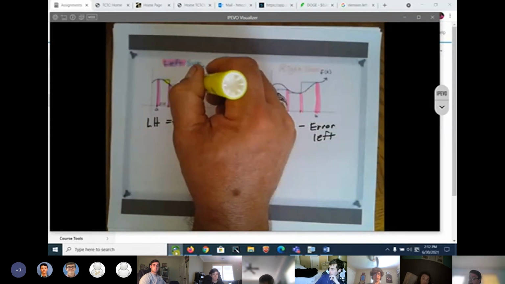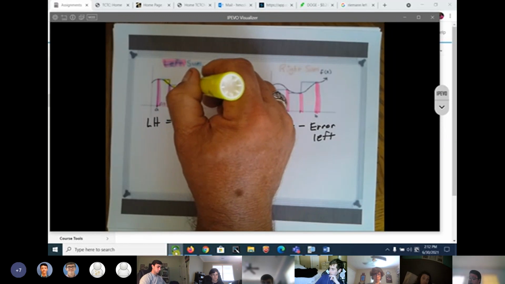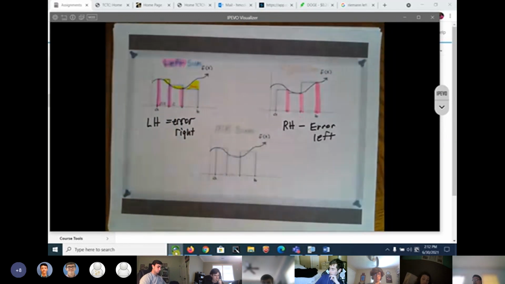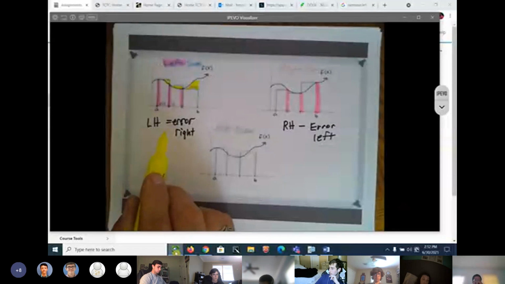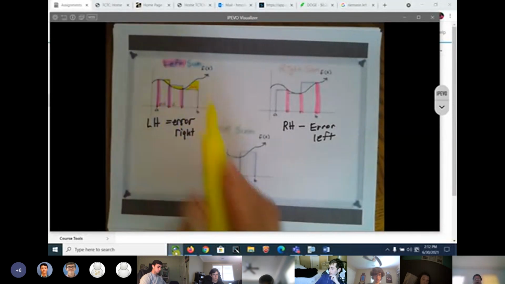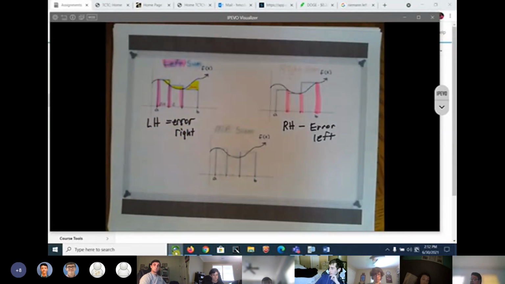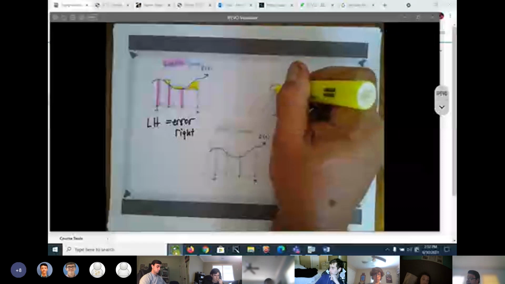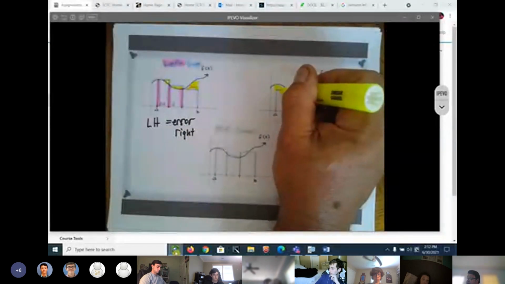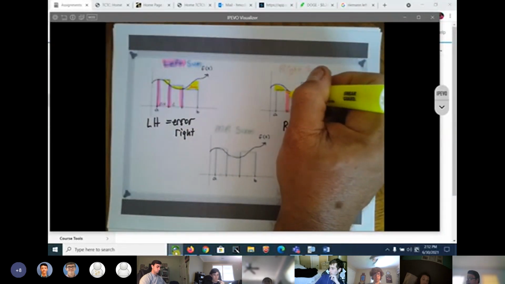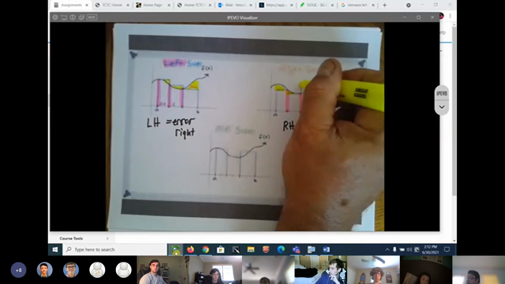And here's your error technically right there. Okay, so if you use the left-hand side Riemann, your errors are going to be on the right. If you use the right-hand side of Riemann, the errors are going to be on what? The left.